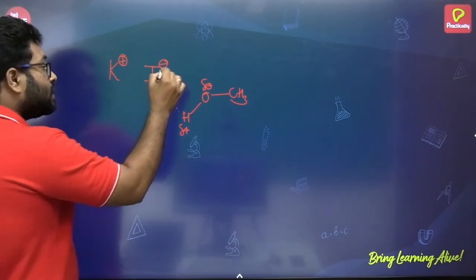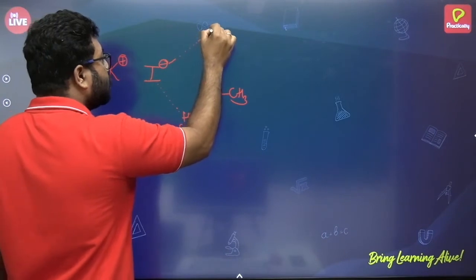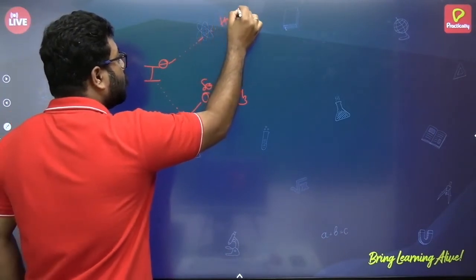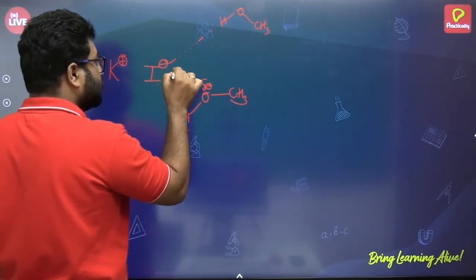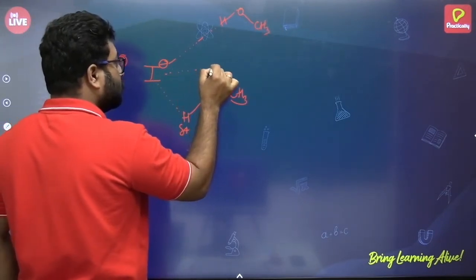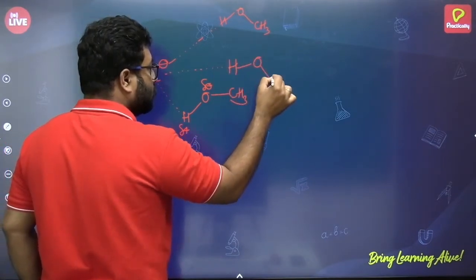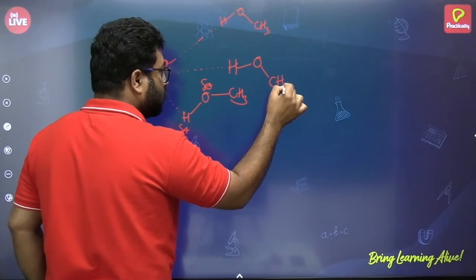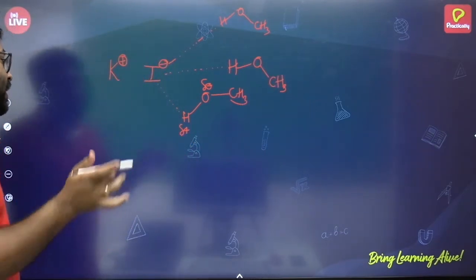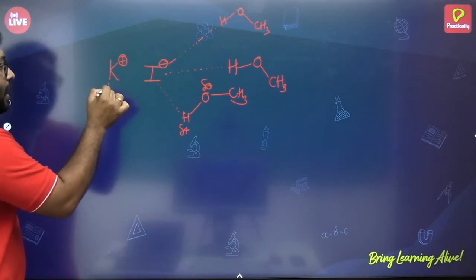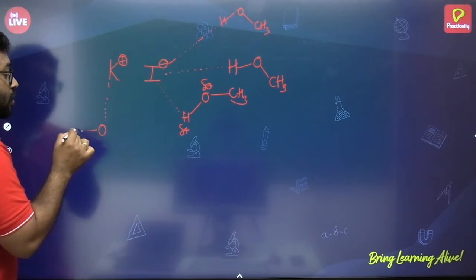From all sides, you will have hydrogen there. So your nucleophile has basically got solvated. Similarly, your cation K plus would get solvated via oxygen.